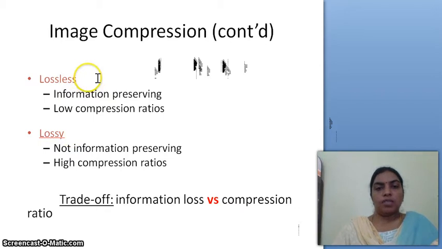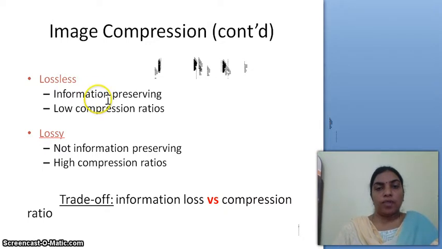Lossless compression techniques means information is preserved. I am compressing my image, that means I reduce the number of bits used for each pixel. Then only can I reduce the amount of data required for that pixel, and hence for that image.